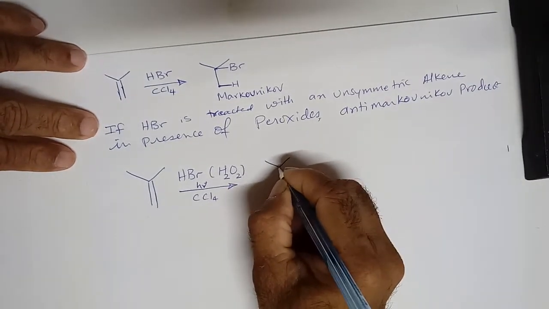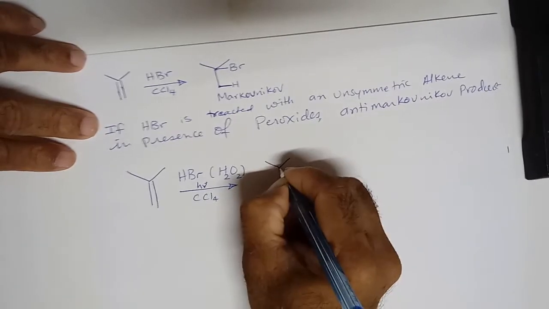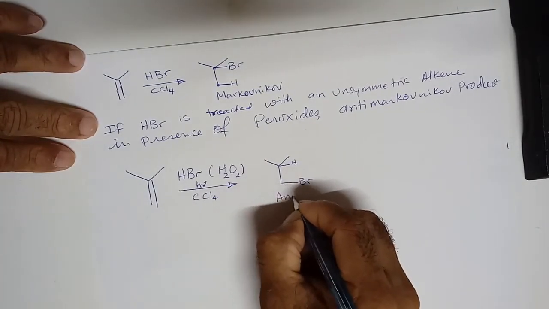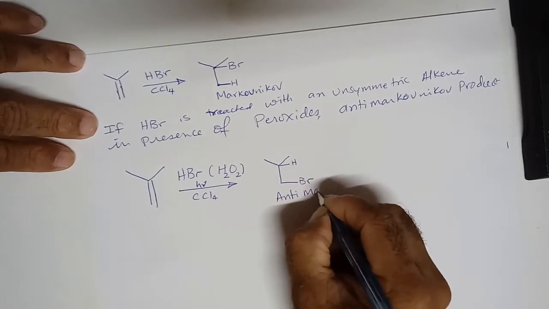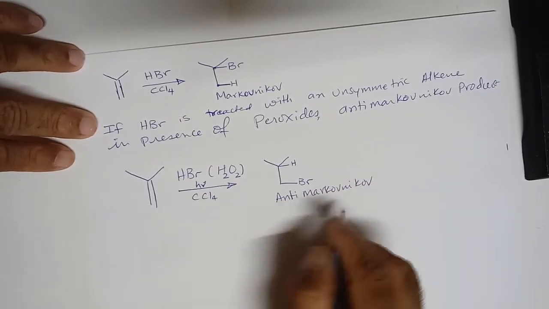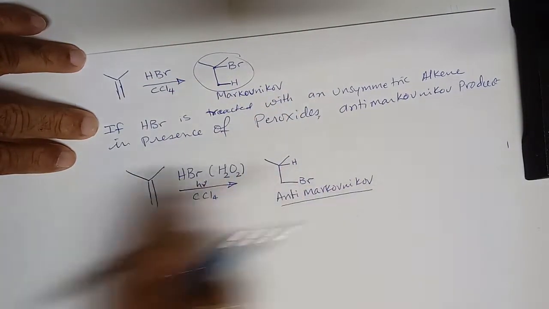This person, whoever studied this, found out bromine ended up adding here and H added there. So this is why they call it anti-Markovnikov, because this is opposite of what was expected, right?